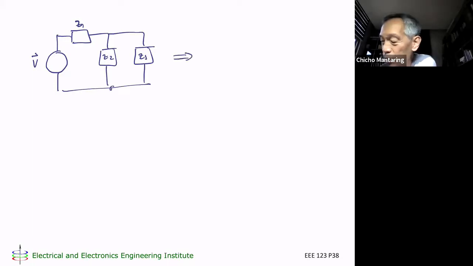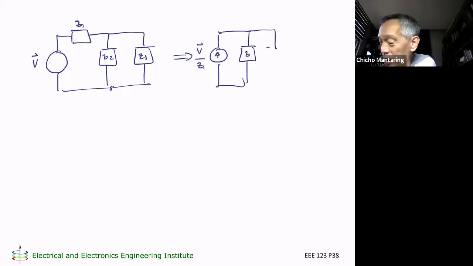I can convert this to this, no? Where this is V over Z1. Okay? And then now this is Z1, Z2, and Z3.